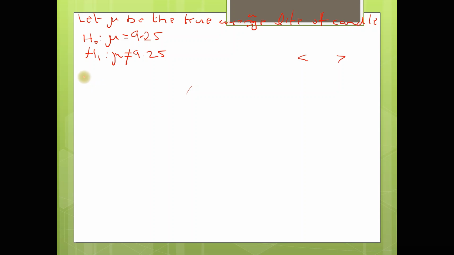If this is the case, you are carrying out a two-tailed test. We say a two-tailed test is carried out at the 5% level of significance.